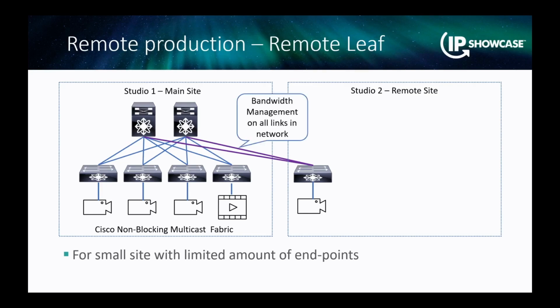Based on the session I did on Saturday, you treat this leaf as any other leaf in the fabric, so you manage the bandwidth between that leaf and the spines and other leaves. It's treated as a seamless part of the same fabric, even though it's in a different location.